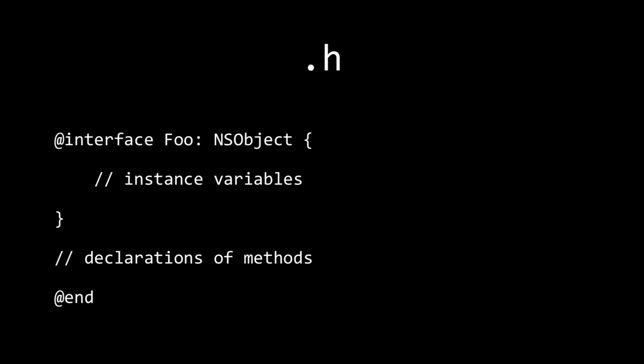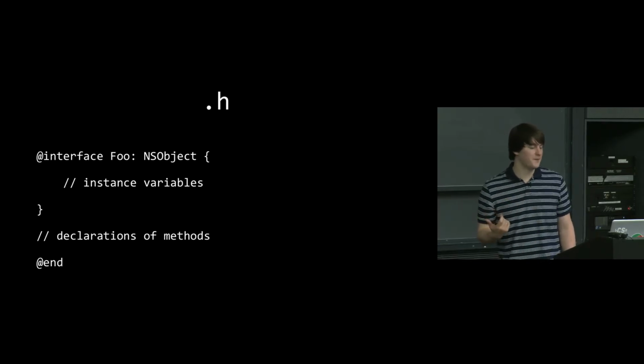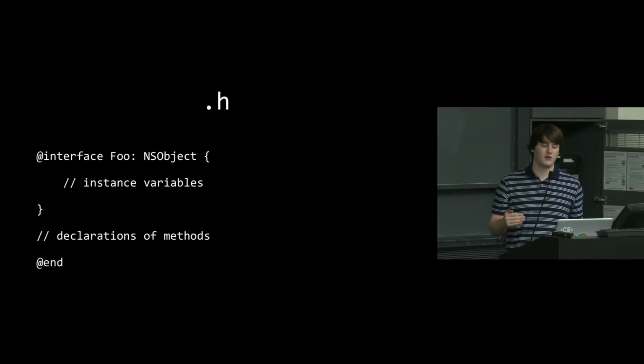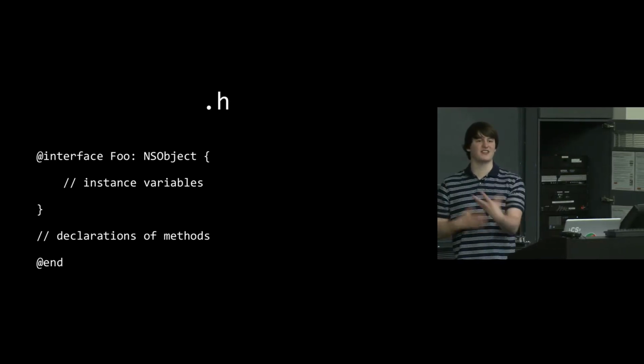Okay, so .h files. Unfortunately, the interface keyword is somewhat different from what you might think of as a Java interface and some other languages' interfaces. It's still similar in that you're just going to list the prototypes of the methods that you want to be in this class.